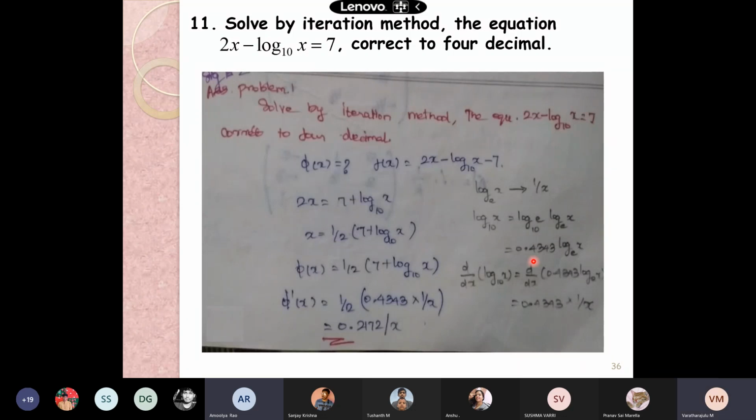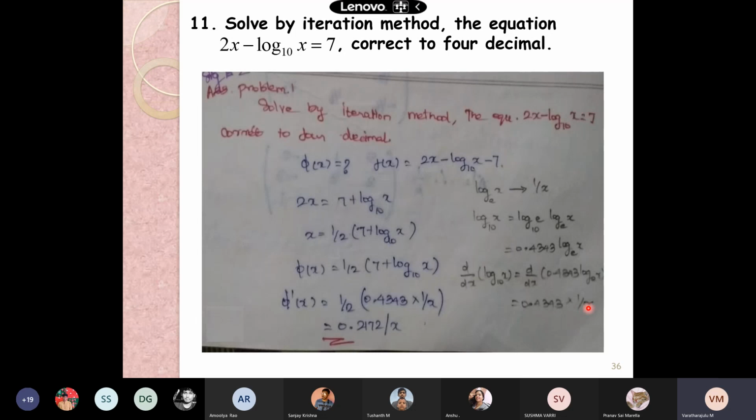0.43429448. When you fix your number of digits as 4, you get 0.4343, that I have written here. So d by dx of log base 10 x returns 0.4343 divided by x, or as Anshu stated, log base 10 e, which is converted into numbers as 0.4343 divided by x.